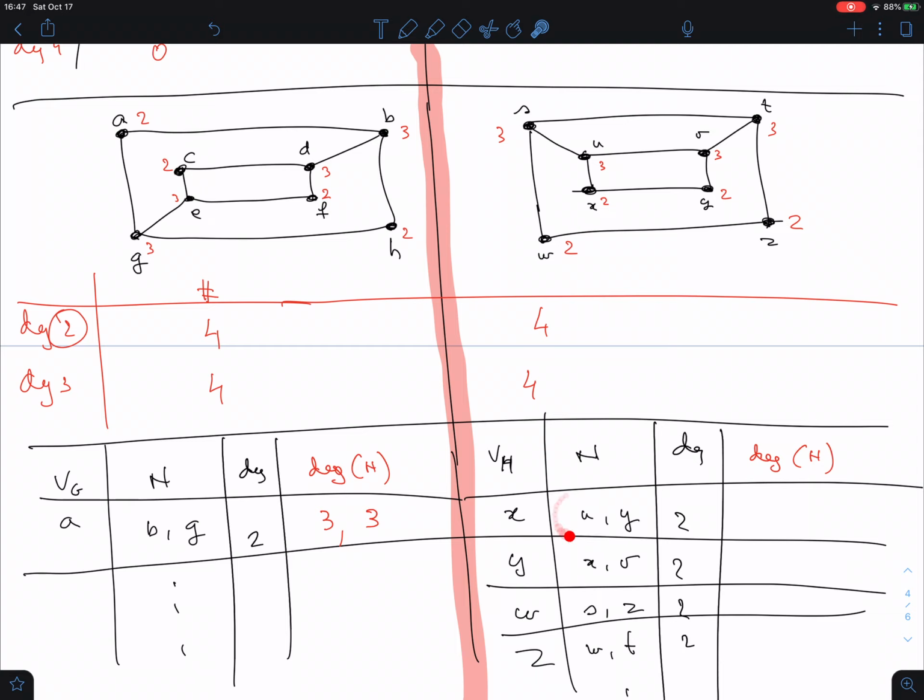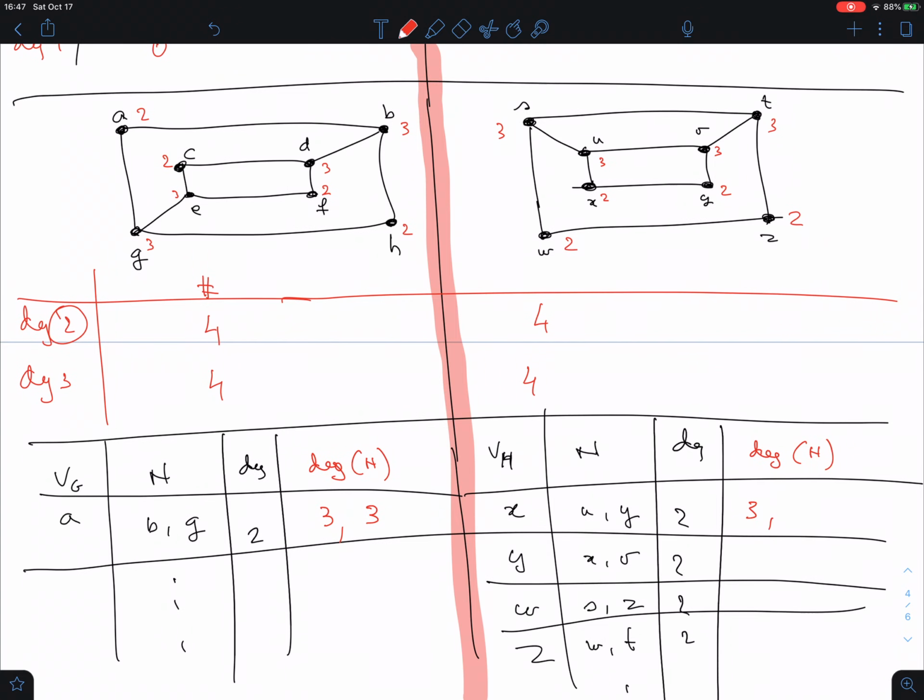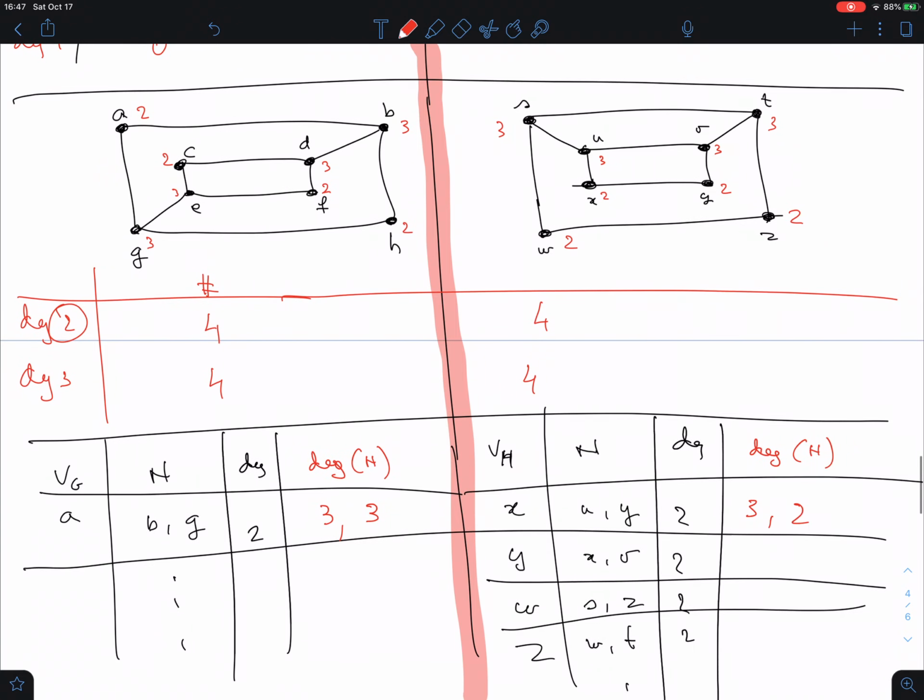What is the degree of this neighbor, U? That has degree 3, okay, so 3. What is the degree of the neighbor Y? That's degree 2. Oh, that's not the same. And the order is not important because we don't know whether B goes to U or B goes to Y, or G goes to U and G goes to Y. This goes to one of those, and this goes to the other.